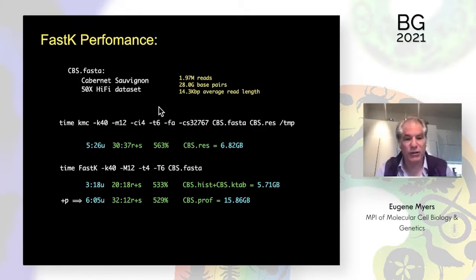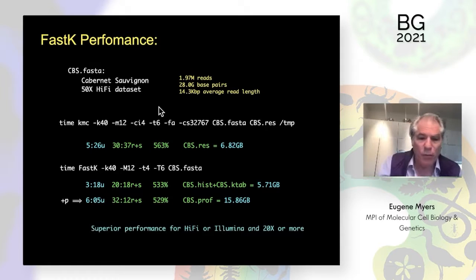And with the compression, the profile index occupies only about 0.56 bytes per base in the data set. In general, what we find is that FastK outperforms all previous k-mer counters for shotgun data sets of 20x or more, and with an average read error of 1% or less.